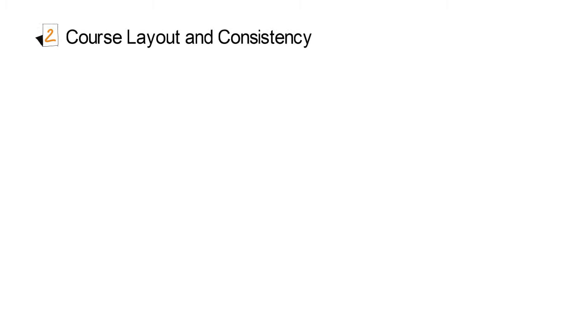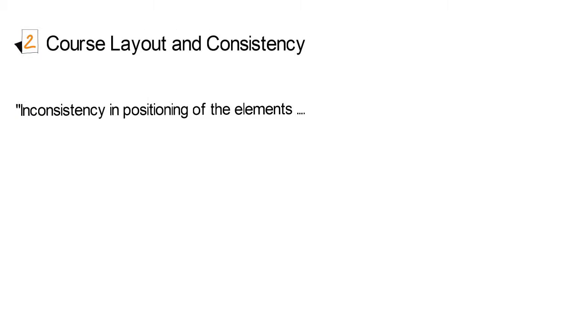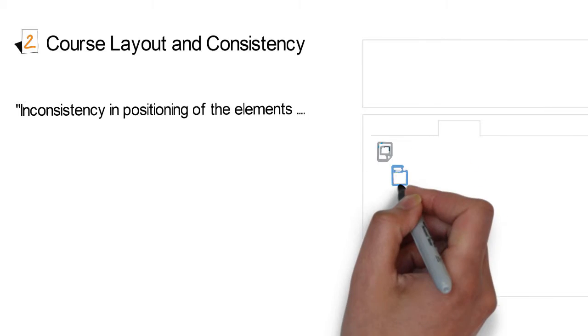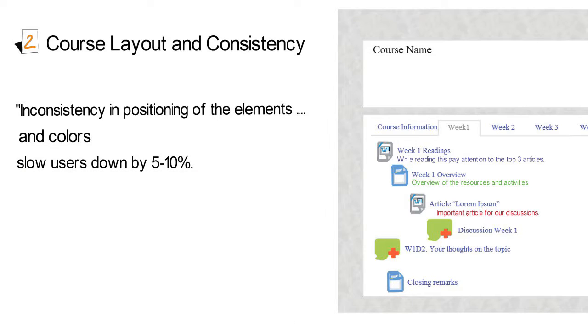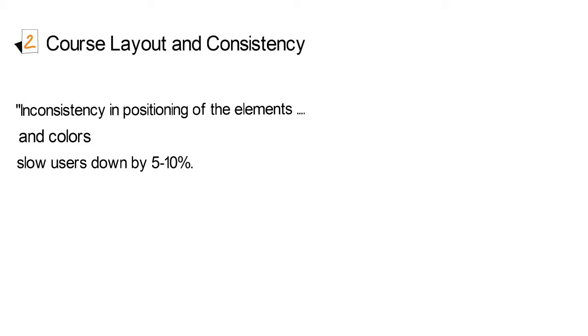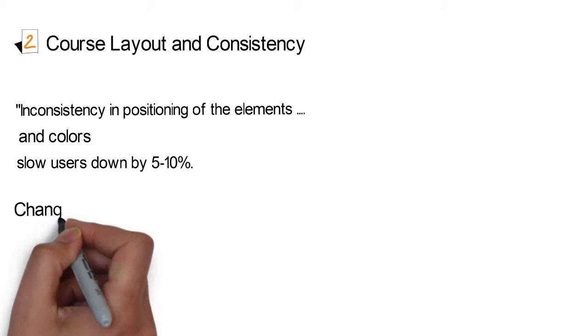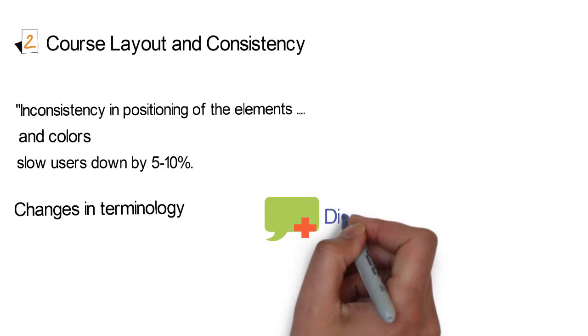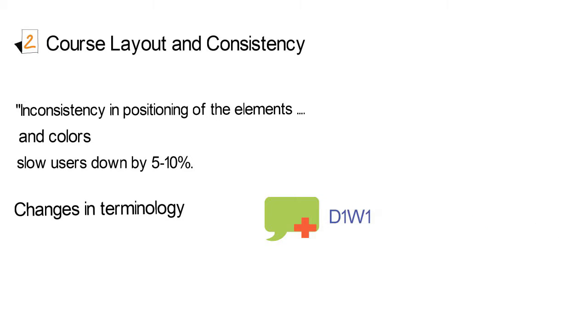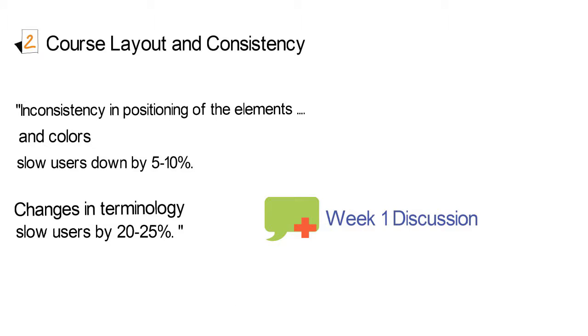Continuing on this topic of consistency, inconsistency in positioning of the elements, such as randomly placing activities within the Moodle section or using a variety of colors, will slow users down by 5 to 10%. Changing terminology, such as using different names for the same discussion activity or assignment in the syllabus and or module overview, slows users by 20 to 25%.